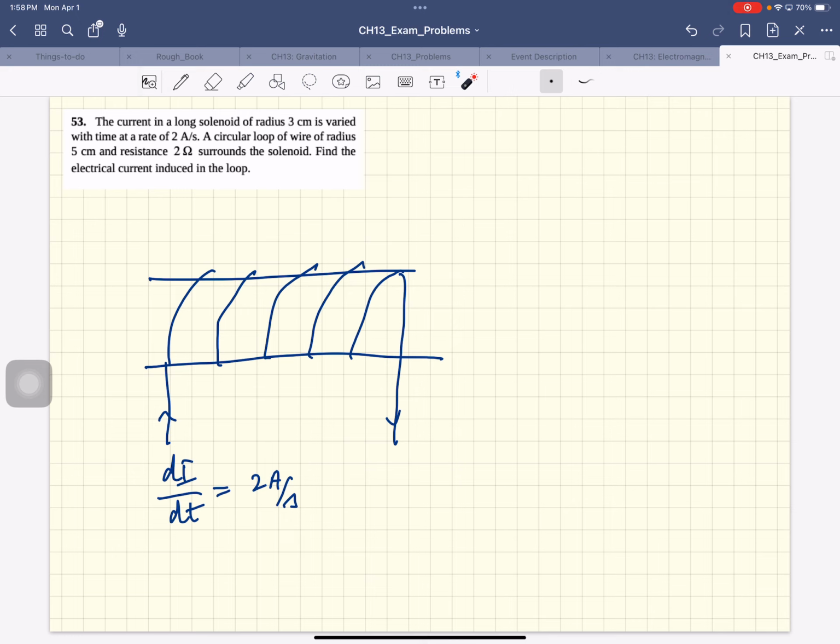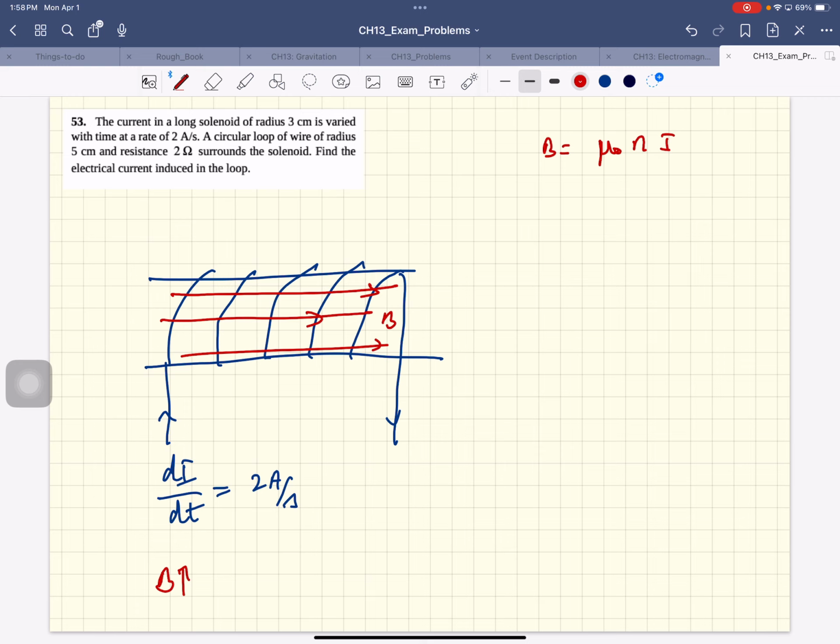Okay, what does this current do? It produces a magnetic field inside the solenoid. So as the current is increasing, the strength of this magnetic field is increasing. If you look up your notes from a previous chapter, the magnetic field is given by mu n I. N is the number of turns of wire per meter.